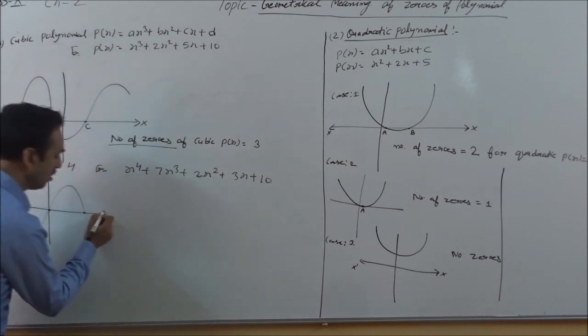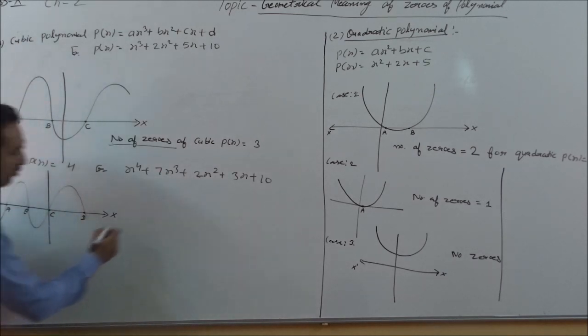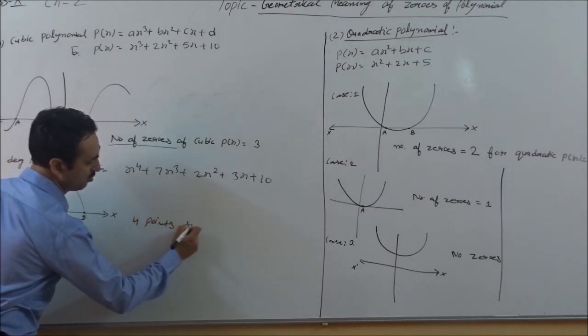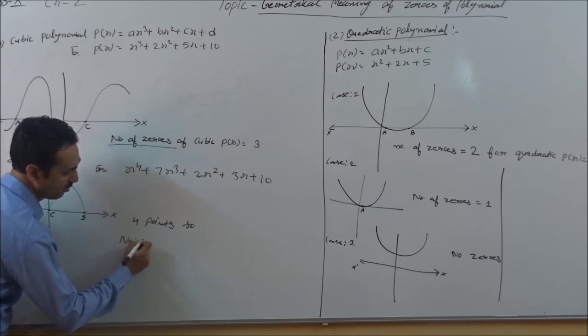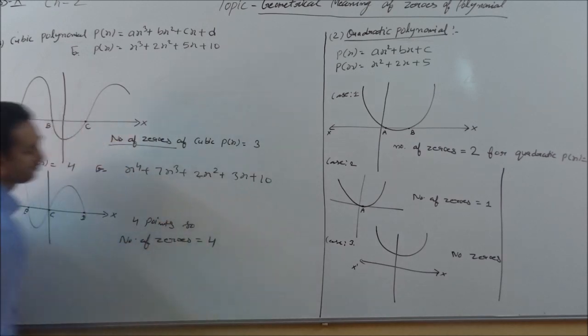Always remember, on the x-axis. Don't count the points on the y-axis. So A, B, C, D. 4 points. So the number of zeros is equal to 4.